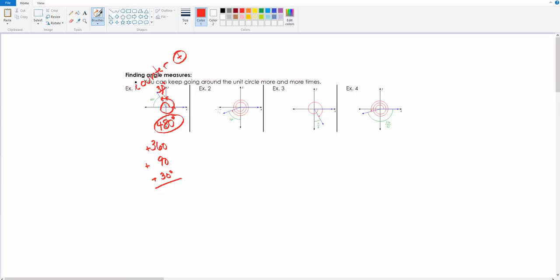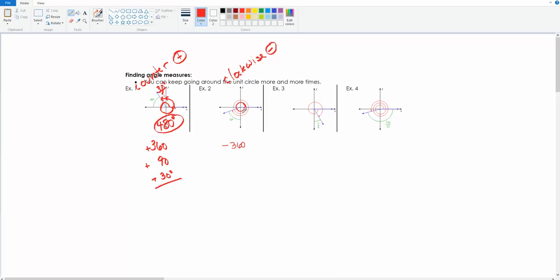All right, this one, the first thing we need to notice is that this is going clockwise, which means the angles are going to be negative. It's in degrees. We start from the beginning. It went one full circle, but we're going to say negative 360 because it's going clockwise.